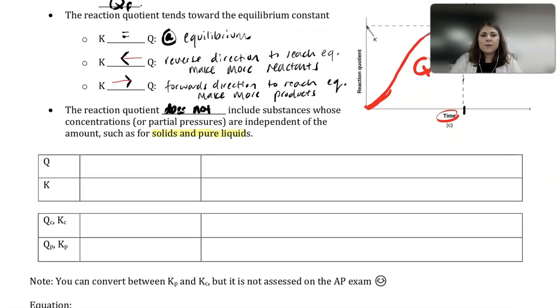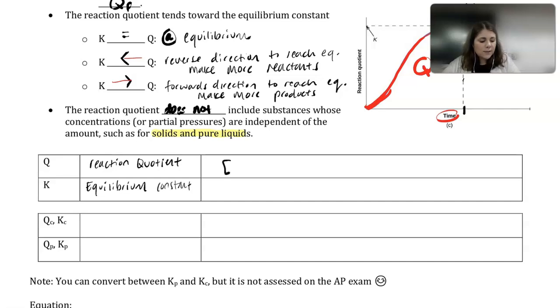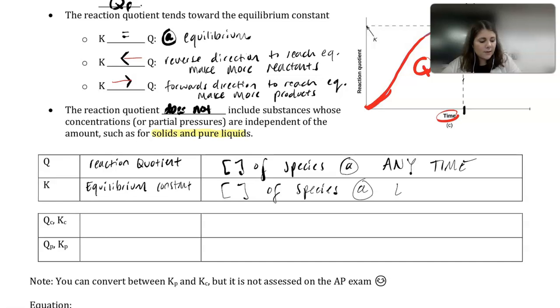So let's look at this right here. Q, like we just learned, is the reaction quotient. K is the equilibrium constant. And so Q is the concentration of species at any time, while K is the concentration of species at equilibrium.